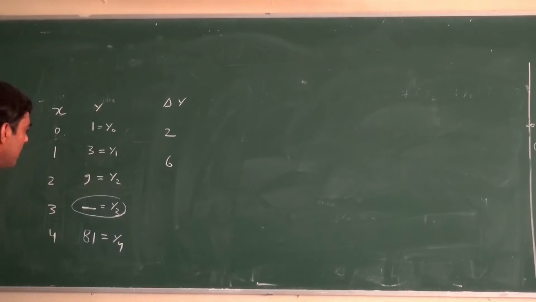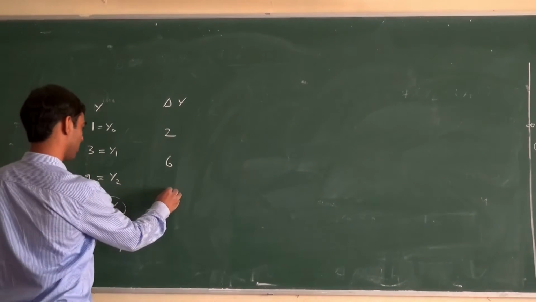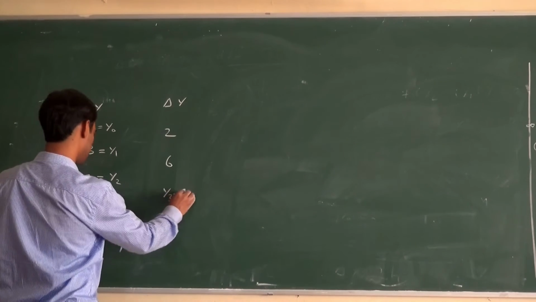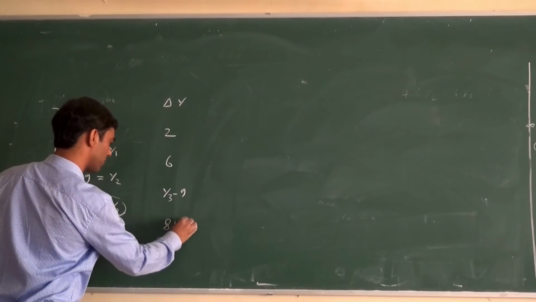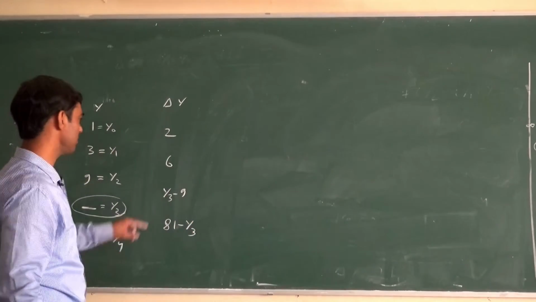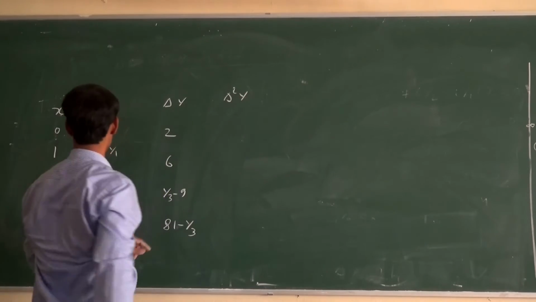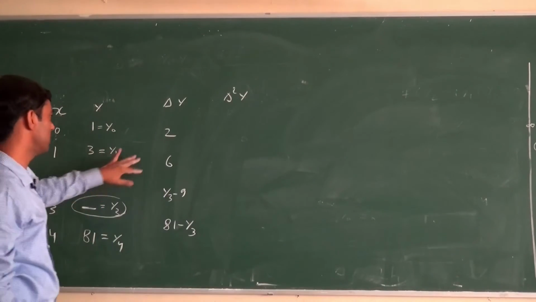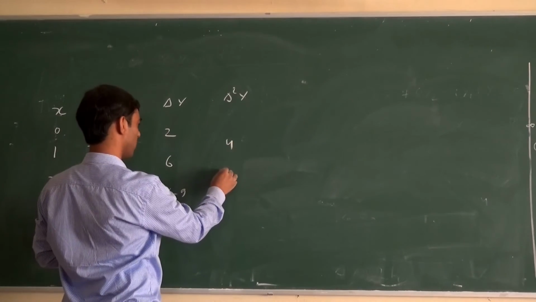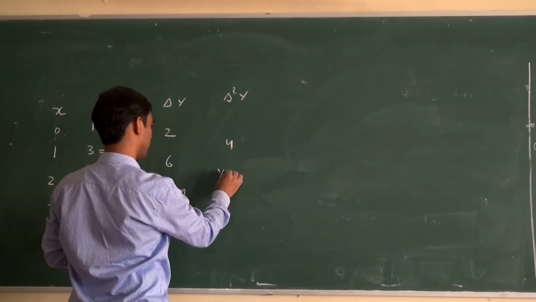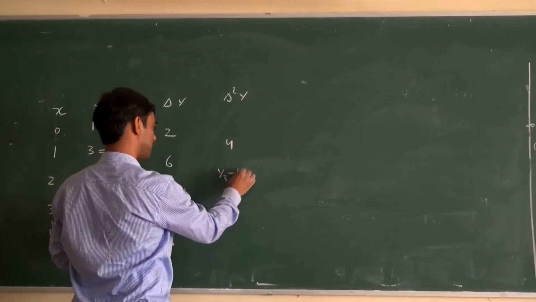Here we consider y3 simply, so this becomes y3 minus 9, and here 81 minus y3. Now what is del 2y? 6 minus 2 is 4. This is y3 minus 9 minus 6, which is y3 minus 15.